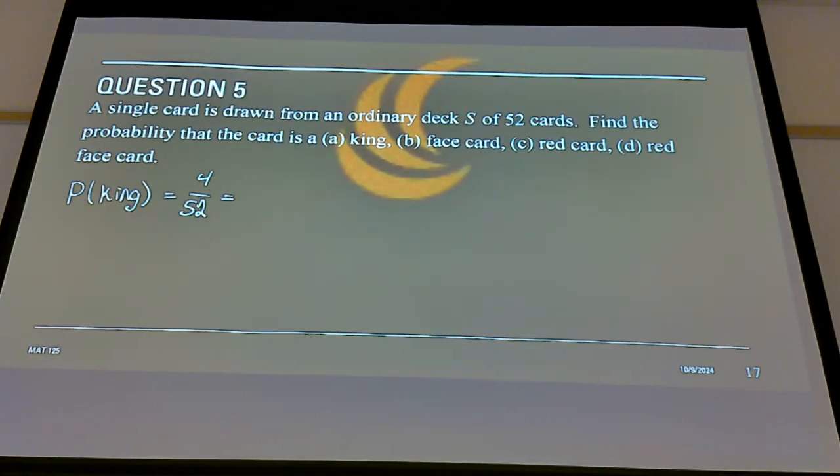A standard deck of cards has 4 suits: clubs, spades, hearts, diamonds. Hearts and diamonds are red, clubs and spades are black.